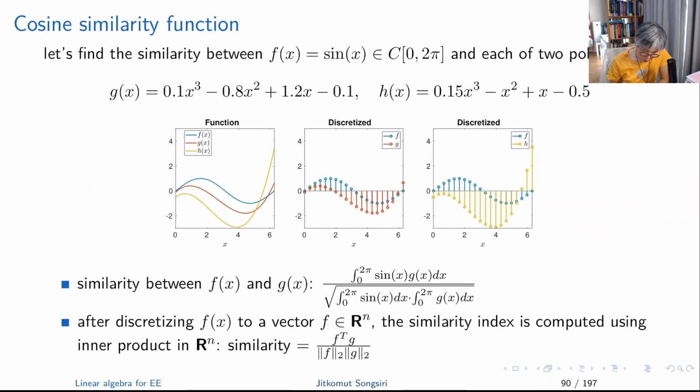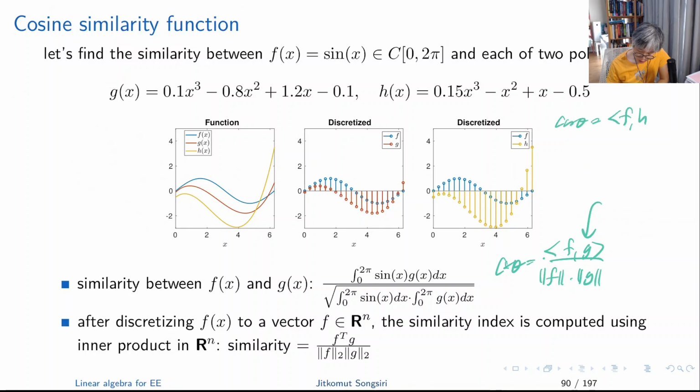So if we just apply the cosine similarity index that says cosine theta is inner product between f and g divided by norm of f times norm of g, this is to measure between f and g, and to measure between f and h, you just use the same formula.